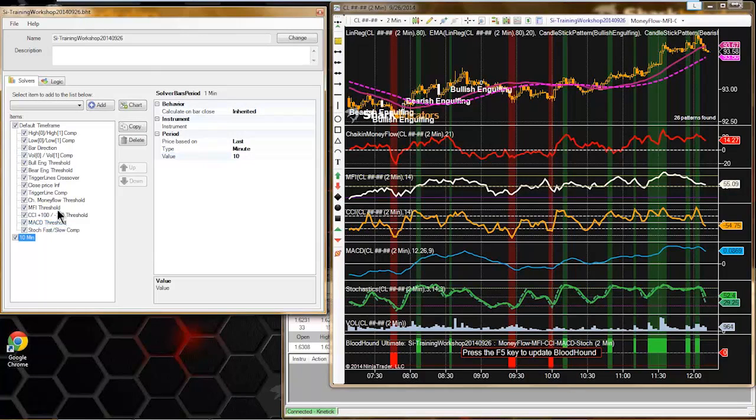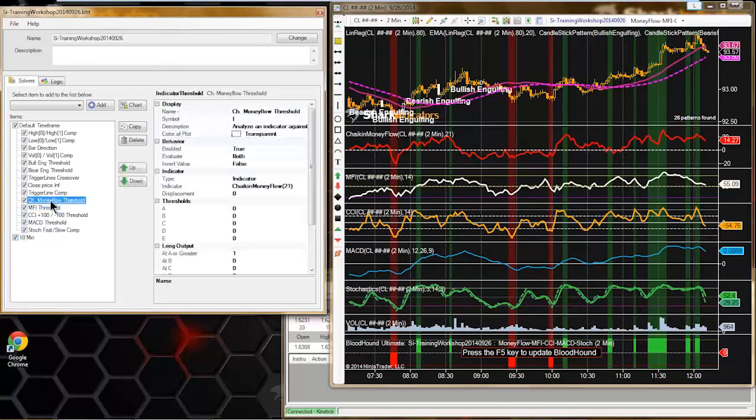And then the next step is we need to take all the solvers that we made and copy them down onto the 10-minute. So we're going to hit the copy button and move it down onto the 10-minute. So we can see I have an indicator on the 2-minute, a solver on the 2-minute, and a solver on the 10-minute.